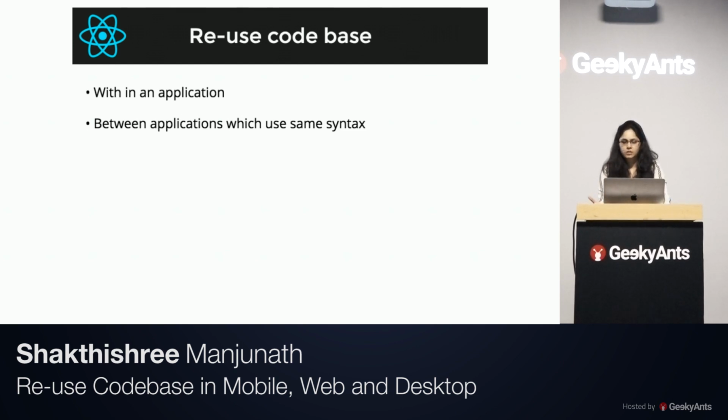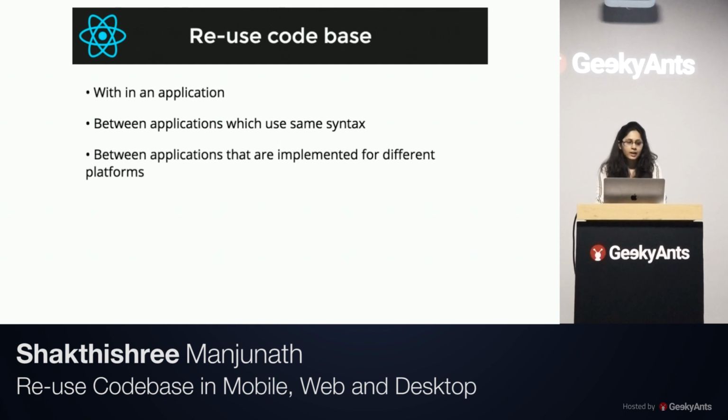Say we have a NativeBase UI component module and we are using it in multiple React Native applications, right? Or I can reuse the code base between applications that are written for multiple platforms. So in today's talk, we're going to focus on the third point, that is reusing the code base between applications that are written for different platforms.